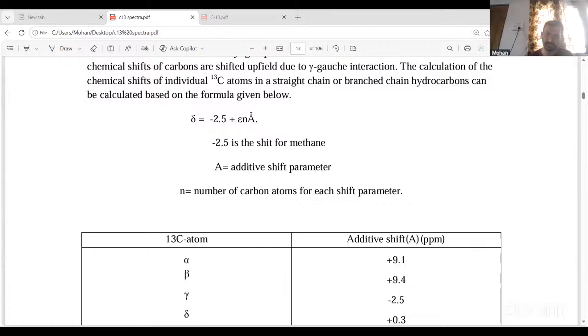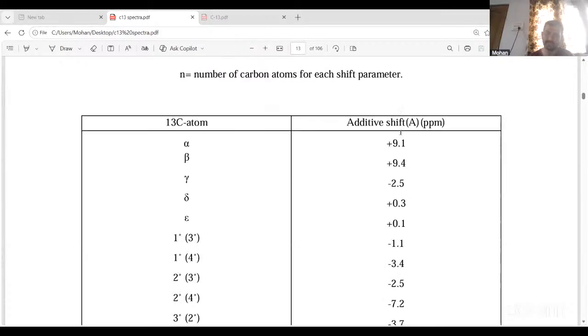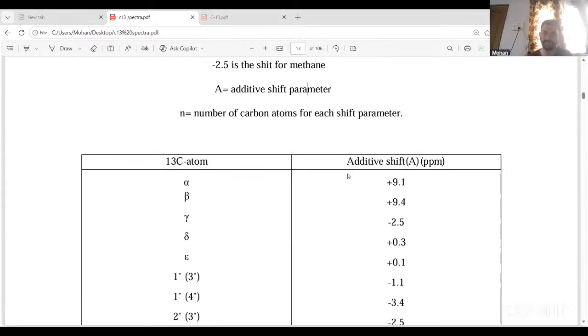For these additive values, we are given values depending on the position, whether it is at the alpha position, or the beta, the gamma, the delta or the epsilon. Depending on that, different values are mentioned.